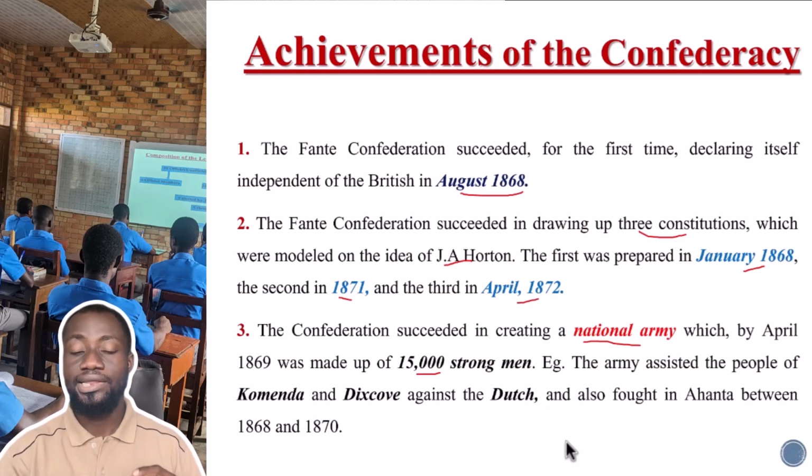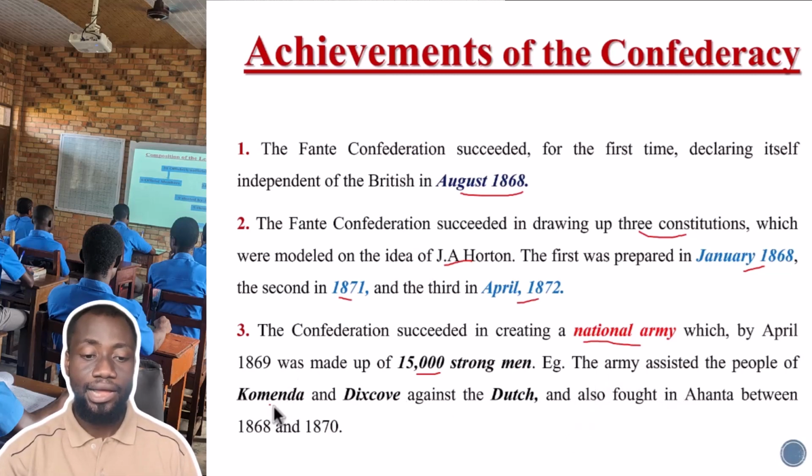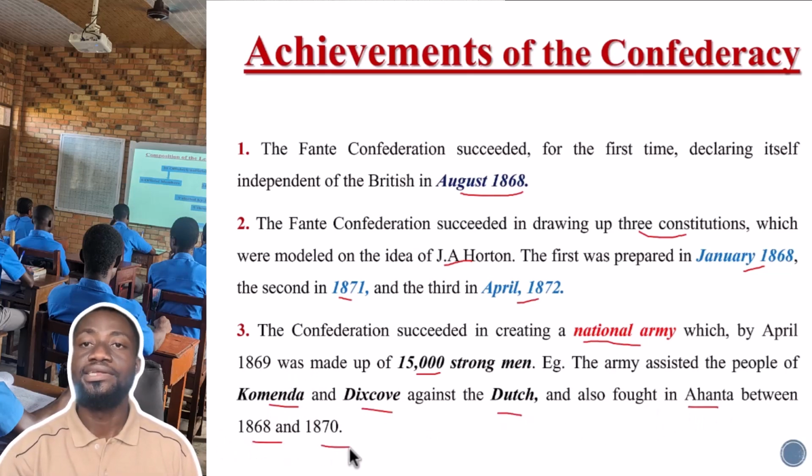Now, the army fought on several occasions. First of them, they assisted the people of Komenda and Tixco against the Dutch, and also fought between 1868 as well as 1870.